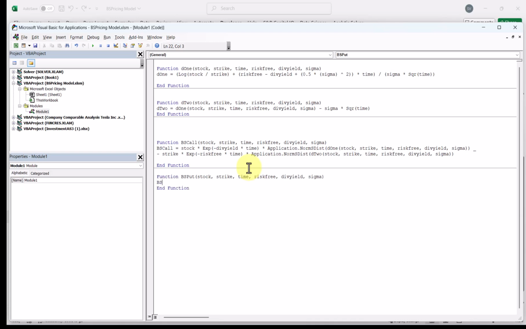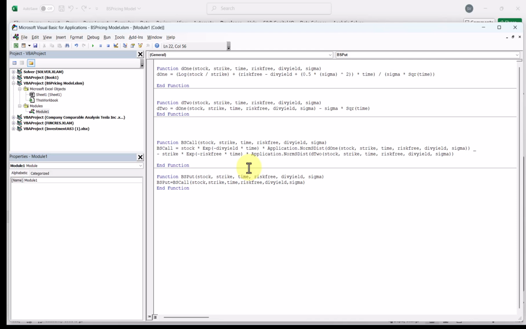So BS put is equal to the call value, BS call, and then we're going to put in stock, strike, time, risk-free, div yield, and then sigma, close parentheses.